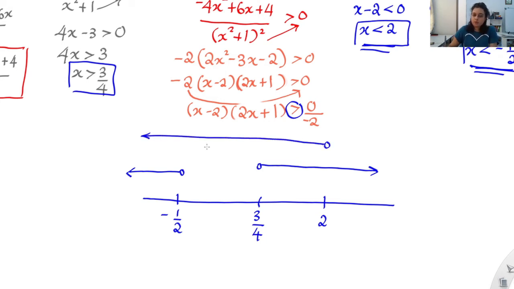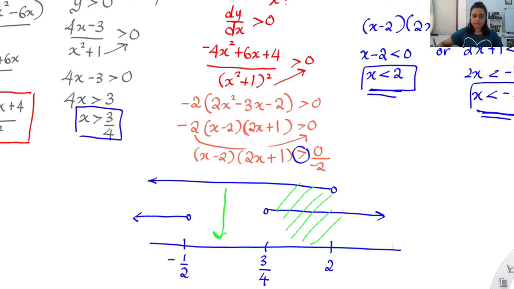Okay, now as you can see here, let me use different color. This part here got intersection, so that means our range, because here no intersection, so here is going to be our intersection.